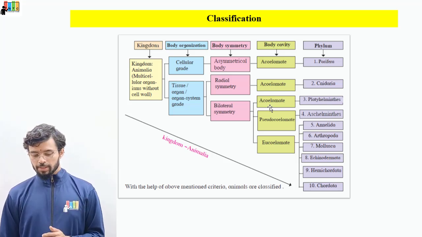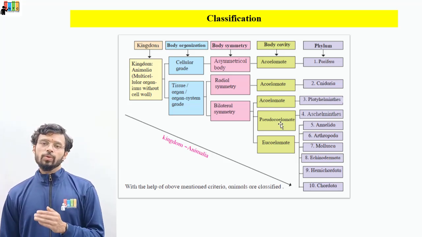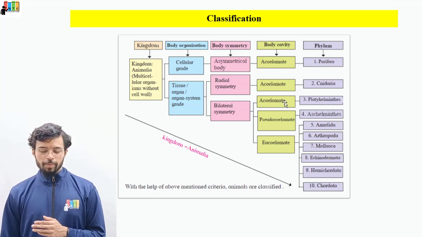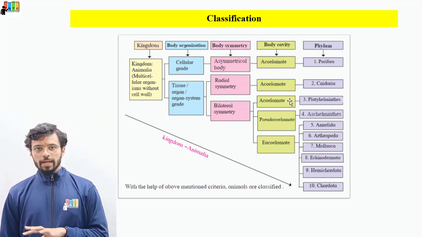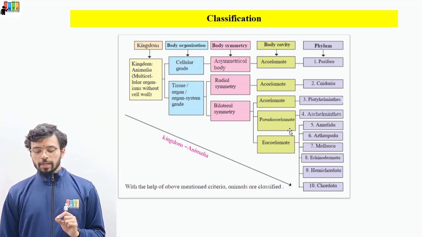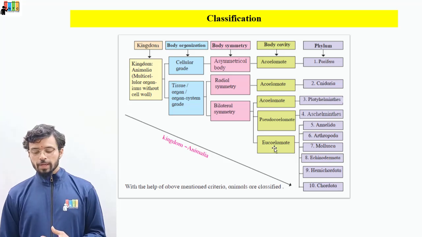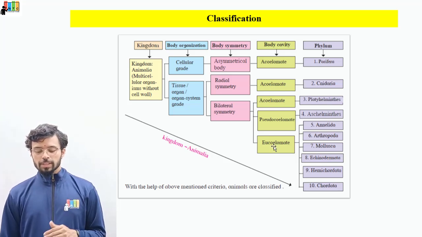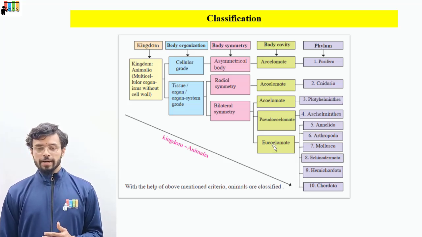Like Aschelminthes. So they are further divided into respective phyla. So for acoelomates, you have Platyhelminthes, right? There is no coelom, planaria. Always remember the example. Pseudocoelom, Aschelminthes, eucoelomate, that they have got a true coelom. It includes many organisms, including annelids, arthropods, mollusks, echinoderms, hemichordates, and chordata class.